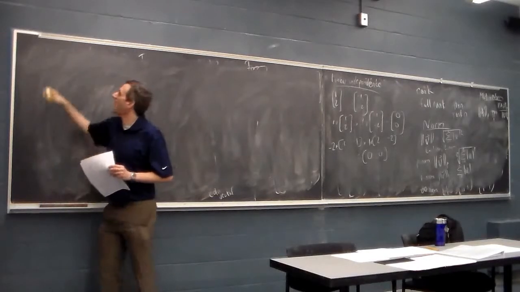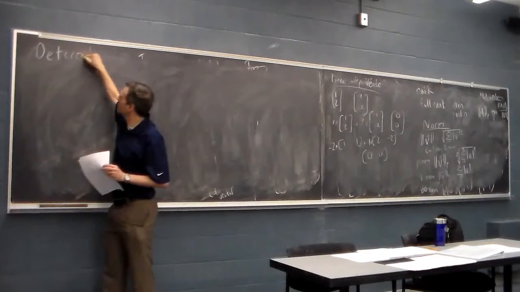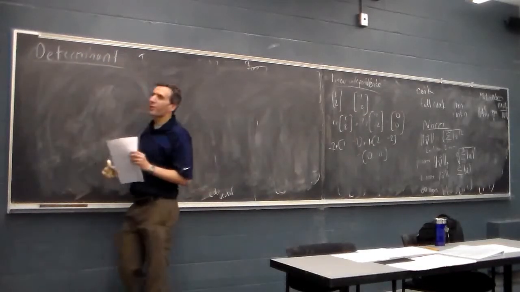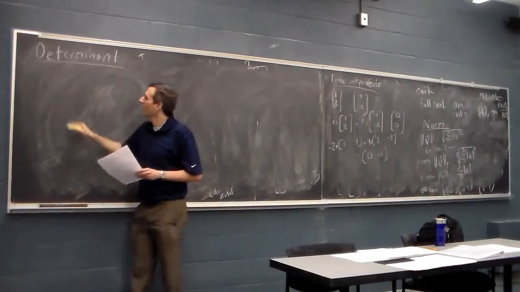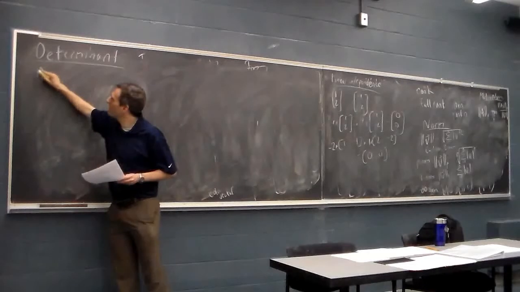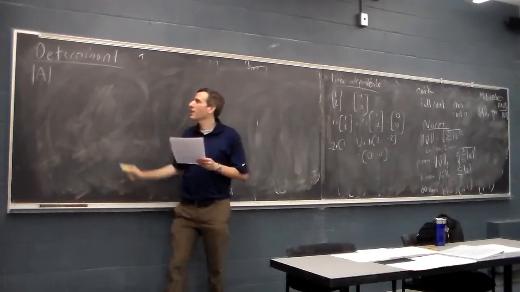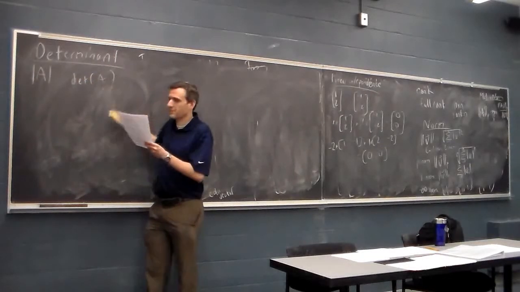And that is an operator known as a determinant. The determinant is a little tricky to explain, but I'll give you a definition for how you can compute it. So we'll commonly write a determinant like an absolute value, with single bars around the matrix, or we'll sometimes write that as just det of A.